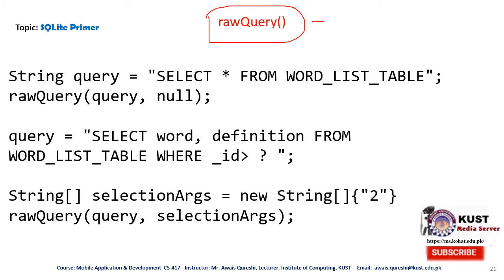Let me elaborate. If you want to use queries in your programming language, presently we are working in Java and Android, for example, if you want to create a query in your programming language and then send those query objects to the databases, then we will use SQL raw query syntax.